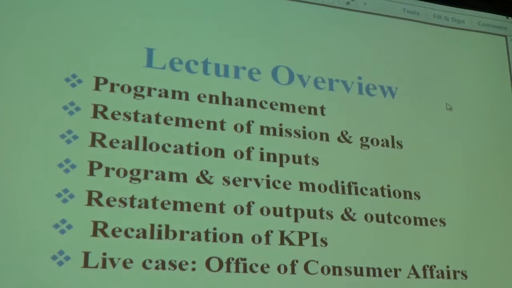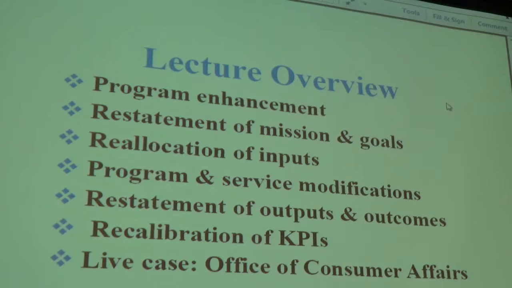If you're going to do a program assessment, there may be an opportunity to look at the mission and the goals and restate them. There's an opportunity to look at the inputs and how to reallocate the inputs. Again, inputs are financial, human resources, supplies and materials. How are those inputs going to be reallocated to the program based on program enhancement, program modification?